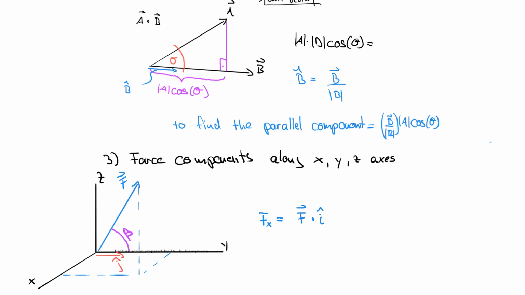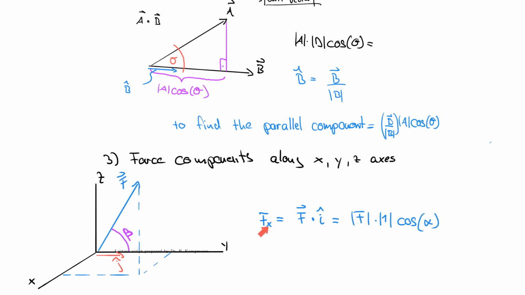And that will give you the value of the x component of that particular force. Why is that? Because you would just have F magnitude times 1, because that's the unit vector, times the cosine, in this case, of alpha, because I'm talking about Fx here.